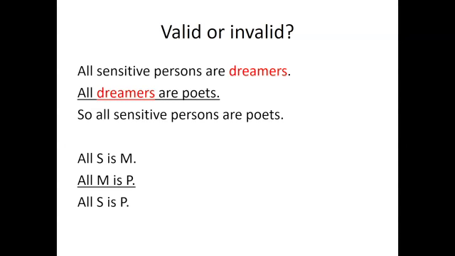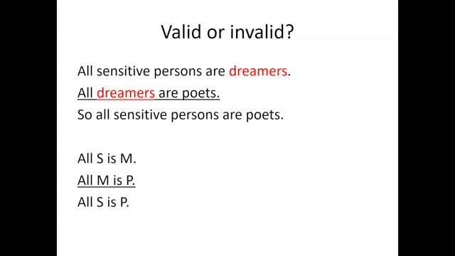Well, again, in the proposition of the form all S is P, S is distributed, but P is not. Here, sensitive persons is the term in the subject position. And so sensitive persons is distributed in the conclusion. That means that sensitive persons must be distributed in the premises, according to the fourth rule.